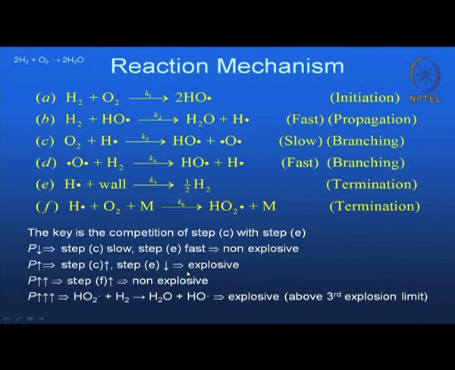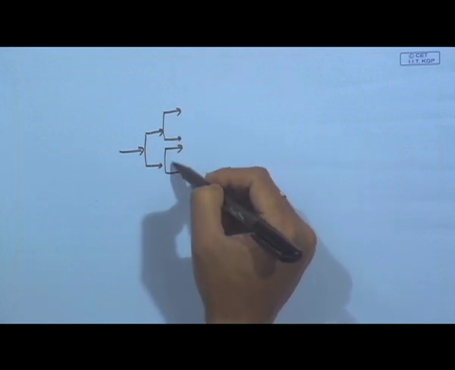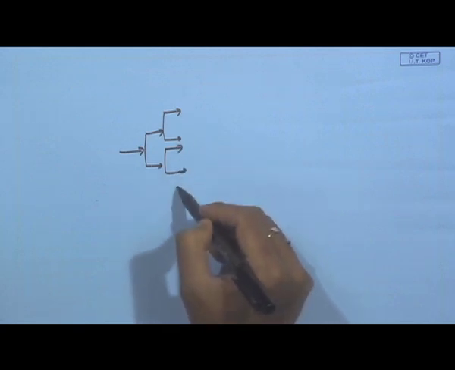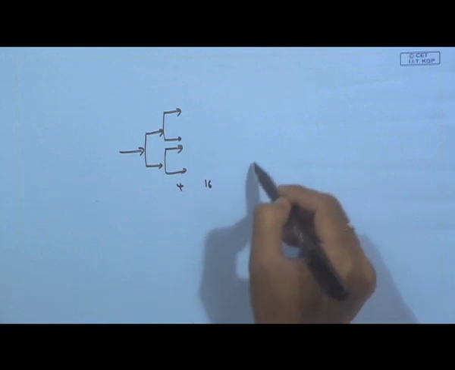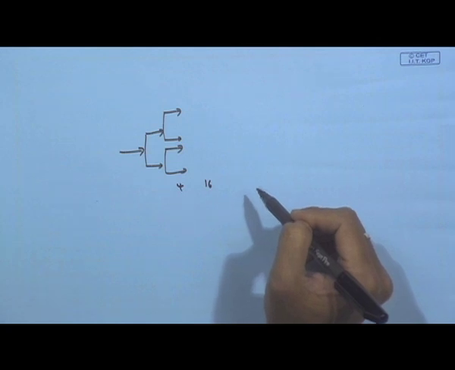So, it will be an explosion situation. That means branching will take place, and you will be getting an enormous number of chain carriers. So here it is 4, then it will be 16 and so on. It will increase very rapidly like an exponential function. Therefore, this will lead to explosion.